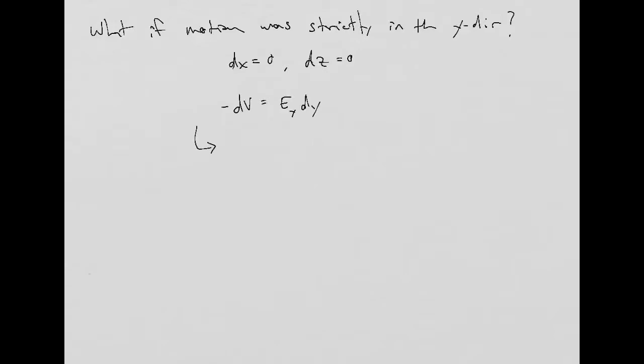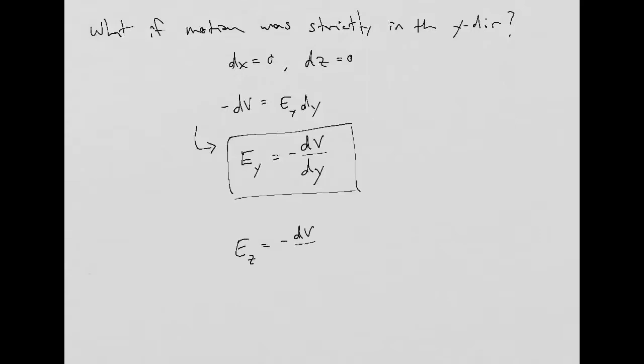And again, rearranging, solving for E, we get minus the derivative of our potential with respect to y. And if you repeat this for z, Ez is equal to minus the derivative of potential with respect to z. All right, this is how we're going to calculate our electric field from electric potential.